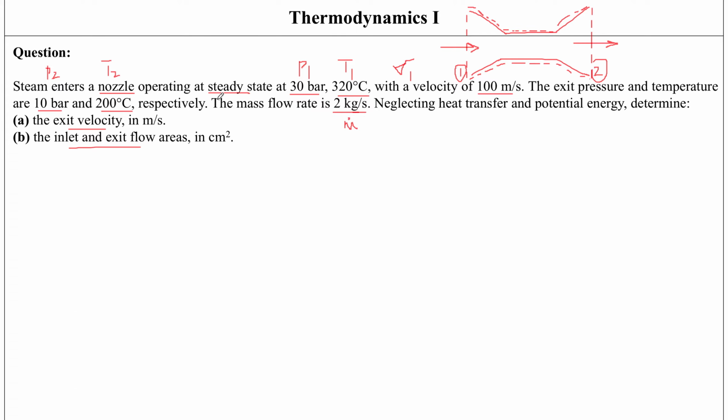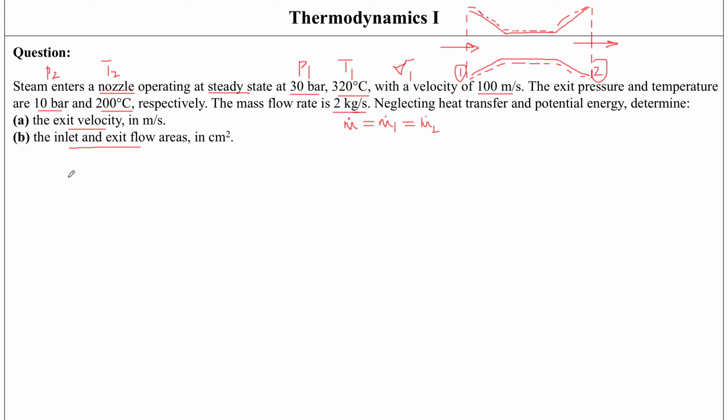So because we're talking about steady state, that means when we're looking at the mass conservation equation, obviously that term is going to go out, dm over dt, that's going to disappear, and m1 is going to be equal to m2, and then that is equal to m dot. Okay, so that's how we've got a constant mass flow rate, because m dot 1 is equal to m dot 2, which is equal to m dot, just like in the previous question.